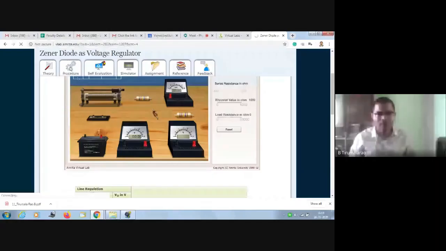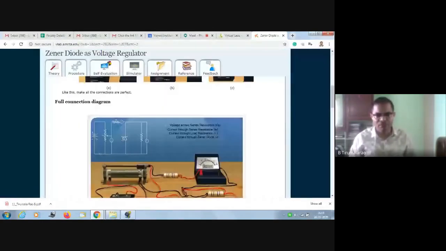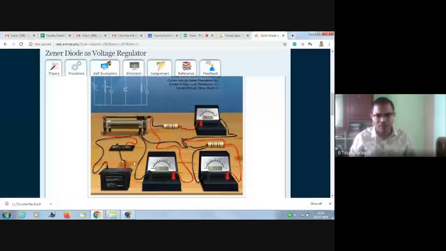My net is slow, that's why it is lagging. I'll go down. See this photograph and connect like this manner in the simulator.